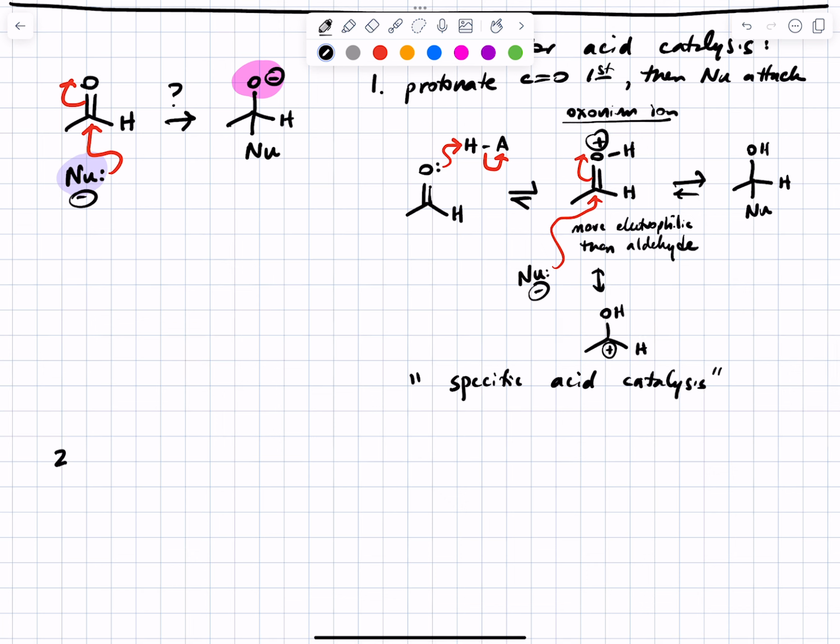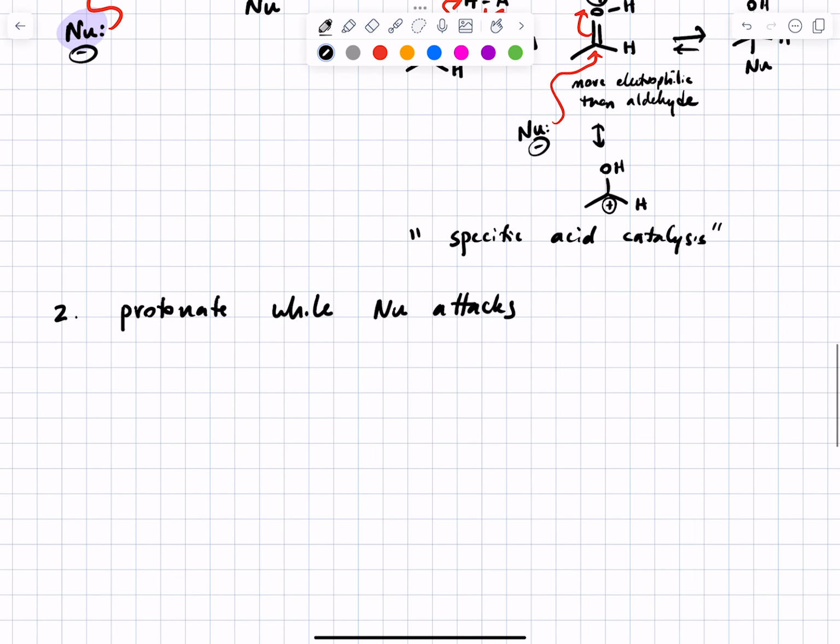Option 2 for acid catalysis is we protonate while the nucleophile attacks. So you could imagine a situation like this where you have the same aldehyde. Here is a nucleophile, and the nucleophilic attack and the proton transfer all happen in the same step.